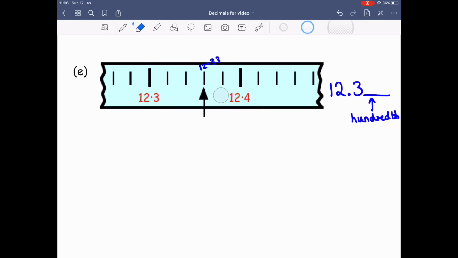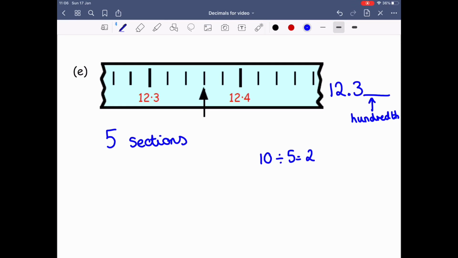When we have 10 sections, we go up by 0.1 or 0.01 each time. But this time there's only 5 sections. So let's think about it. If you had 10 and you divided it by 5, you get 2.